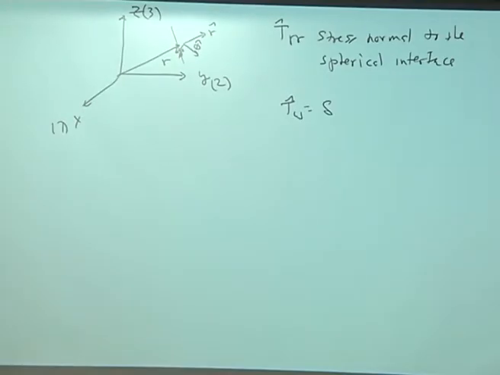The other thing that I've done is that I've said that Tij is going to be equal to F (1, 2).